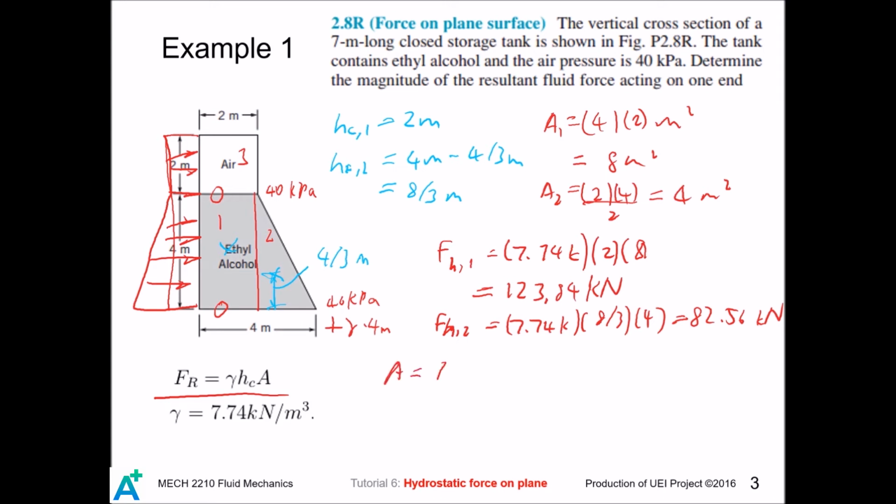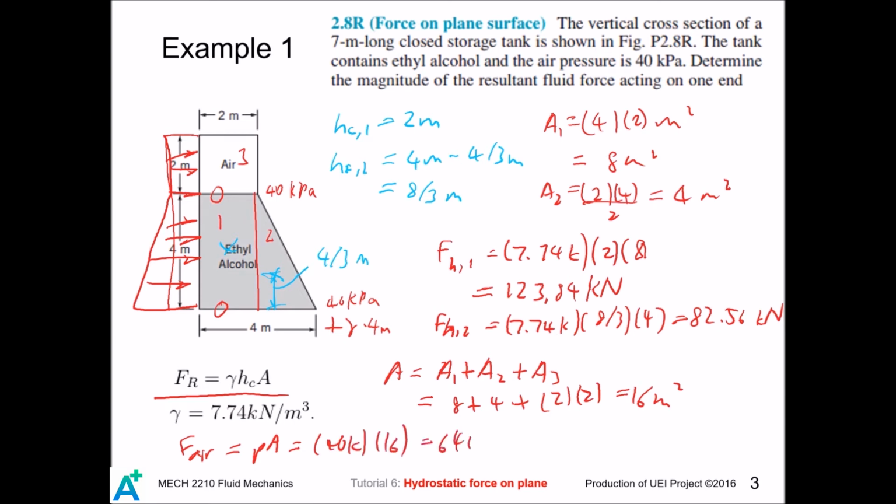So A equals A1 plus A2 plus A3, that is 16 meters square. So we have the air component to be pA, that is 40 K times 16. And then the total force, and we are done with this example.